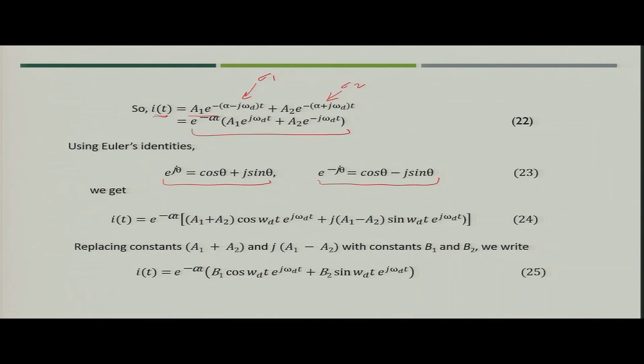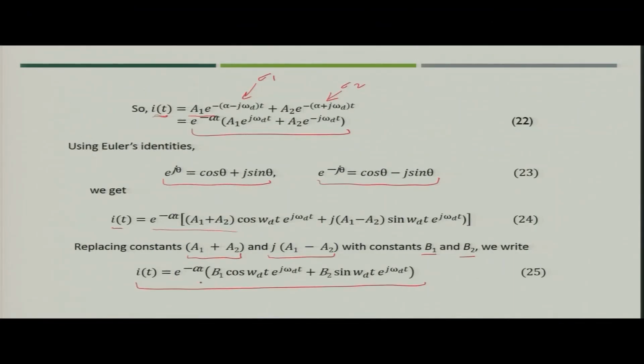If you put the values, I t will be as shown in this expression. Now, if you replace the constants a1 plus a2 and j(a1 minus a2) with b1 and b2, this will be simplified as the expression for current I with respect to time t.